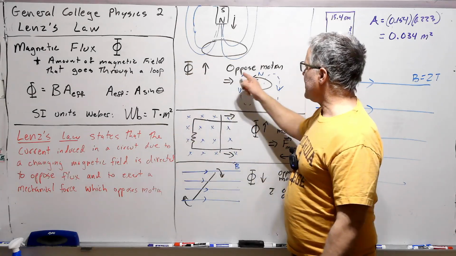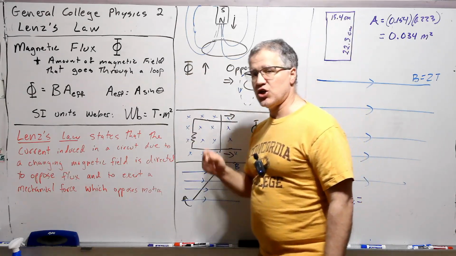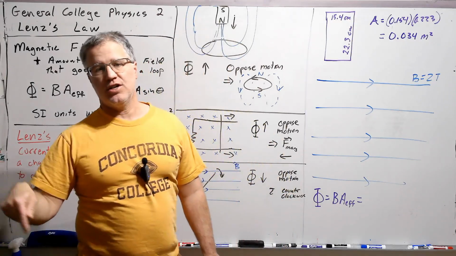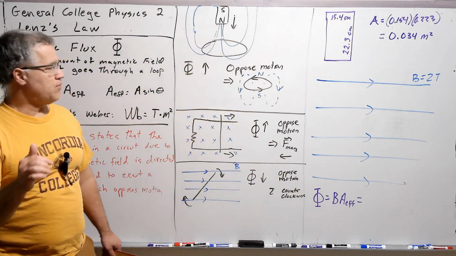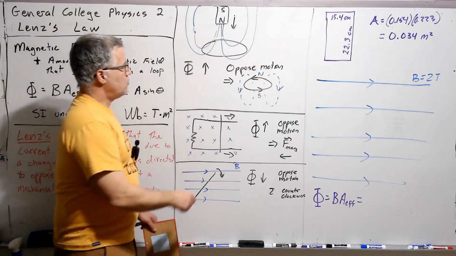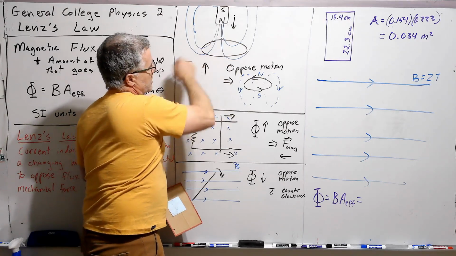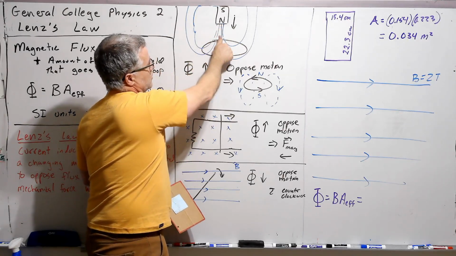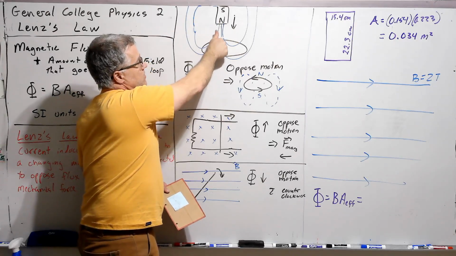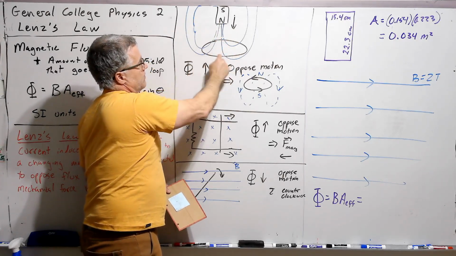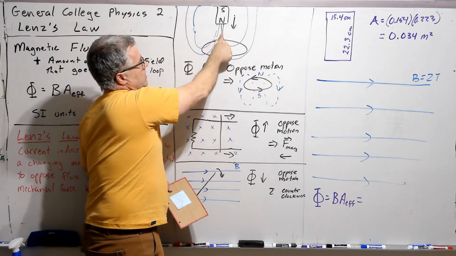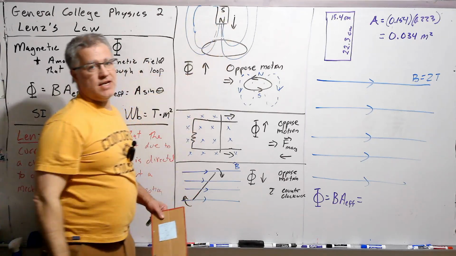And Lenz's law, how does that manifest itself? It manifests itself in an induced current, that we talked about last time, that opposes this motion. So in this particular case, this is coming down. What direction do we need to oppose this motion? We would like the north of the field induced by the current to be opposing this north coming in.